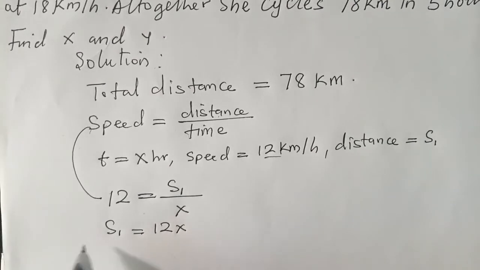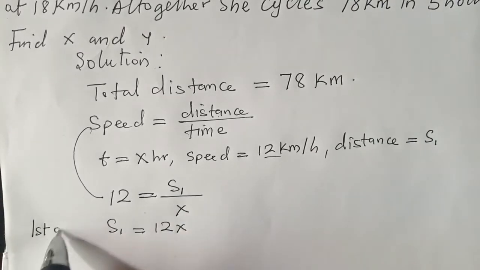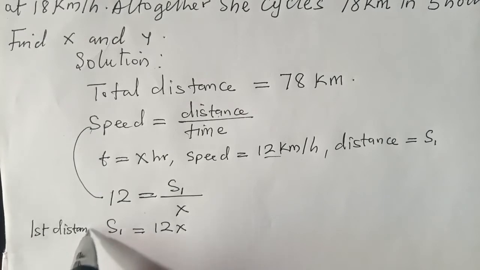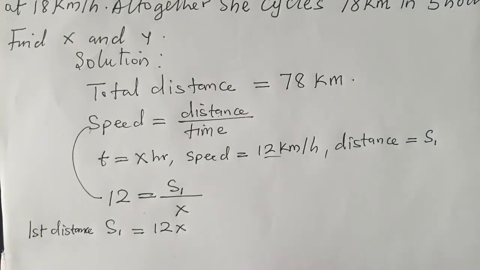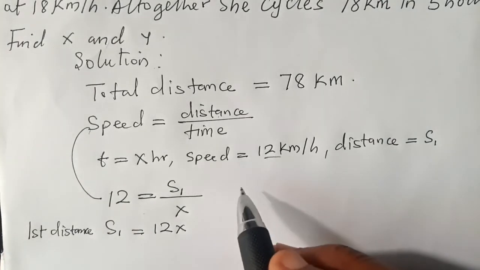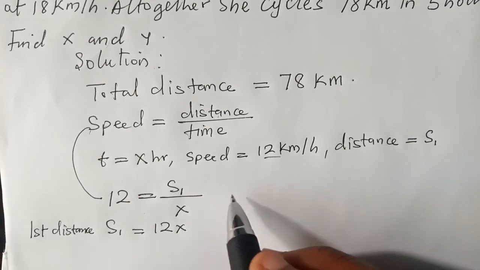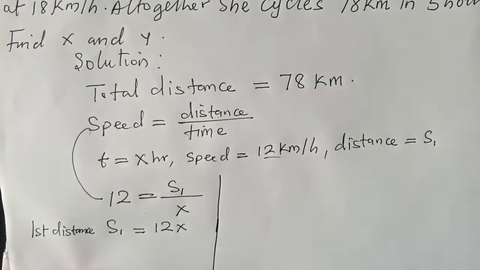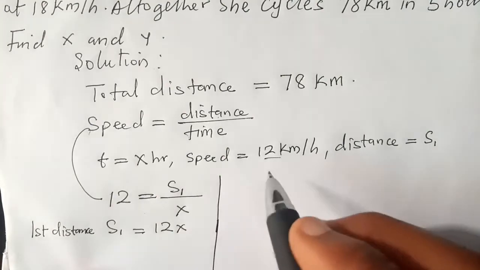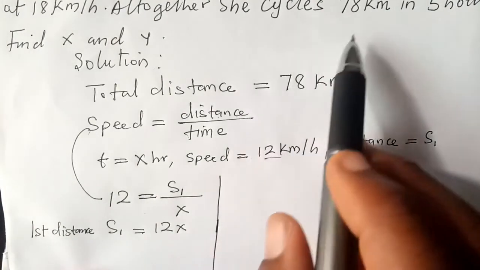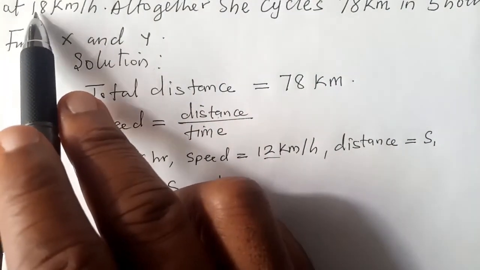You people say I will clear the fraction, and that is my first distance. Remember, S sub 1 is distance, and I have S1 as 12 multiplied by X. That is speed times time is distance.